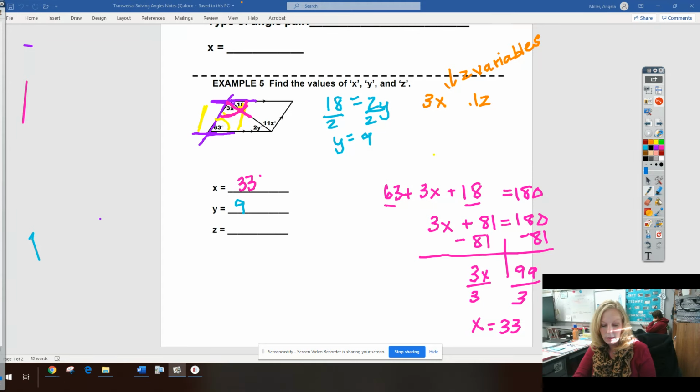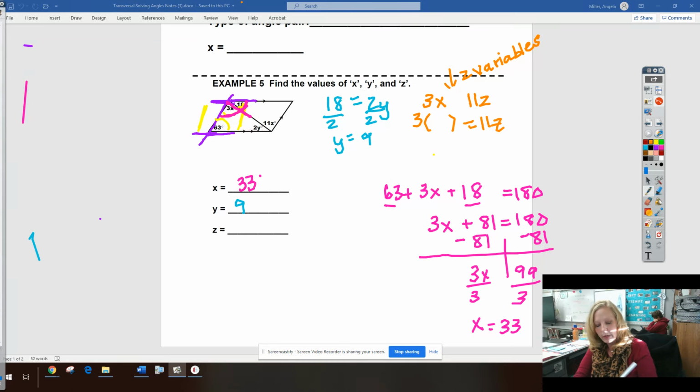Now I need to plug the x into my equation up here. I'm going to switch back to orange. So 3 times x equals, what was that? 3x, oh, that was an 11z.